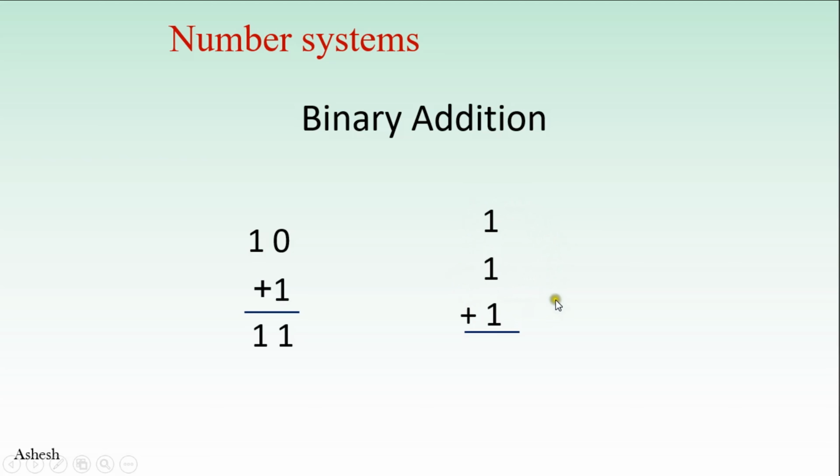And we add 1 from the bottom row to that sum: 10 plus 1 is 11. First adding the first two rows, 1 plus 1 equals 10, and adding 1 from the bottom row with that sum, 10, is 11. I think you can understand.